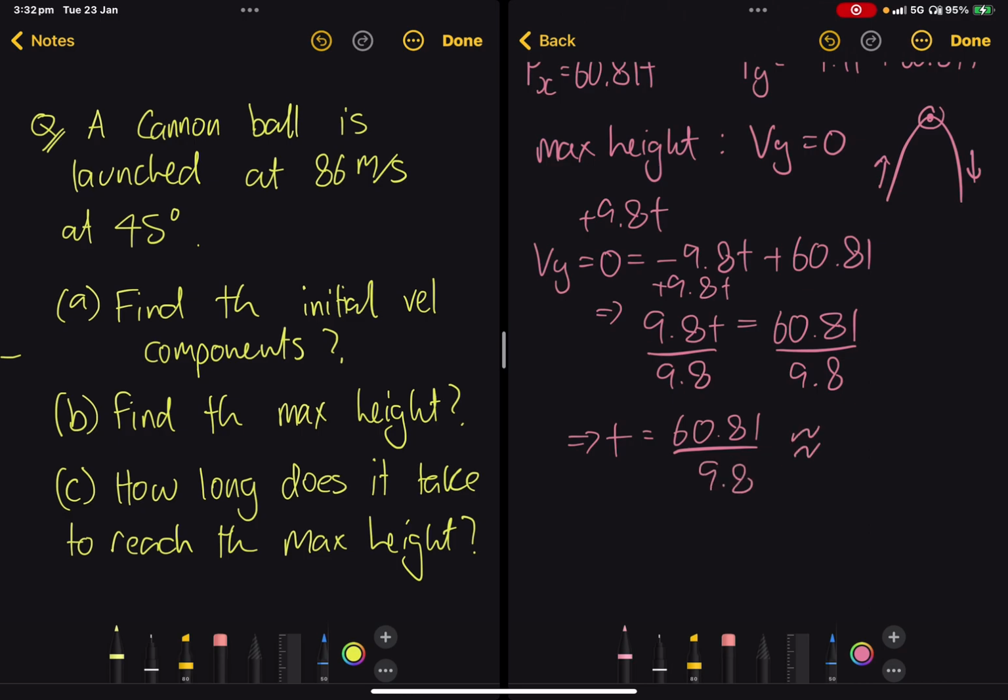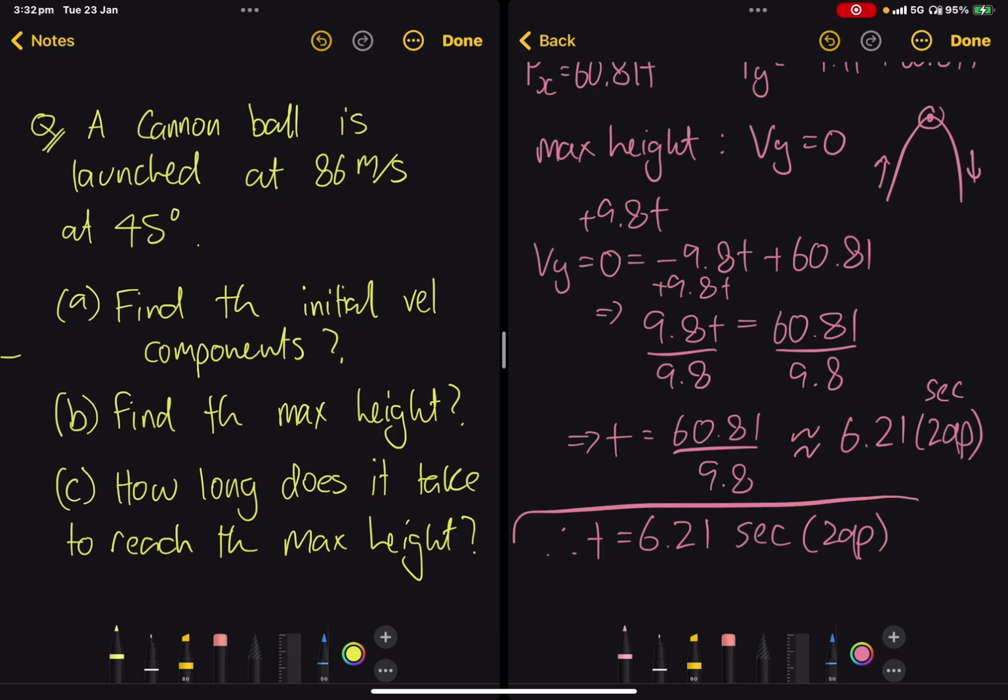Now we want a nice approximation for this. 60.81 divided by 9.8 is 6.21, 2 decimal places, and this is in seconds. So this is in fact the answer to question C. The time at which it reaches its maximum height is 6.21 seconds when rounded to 2 decimal places.